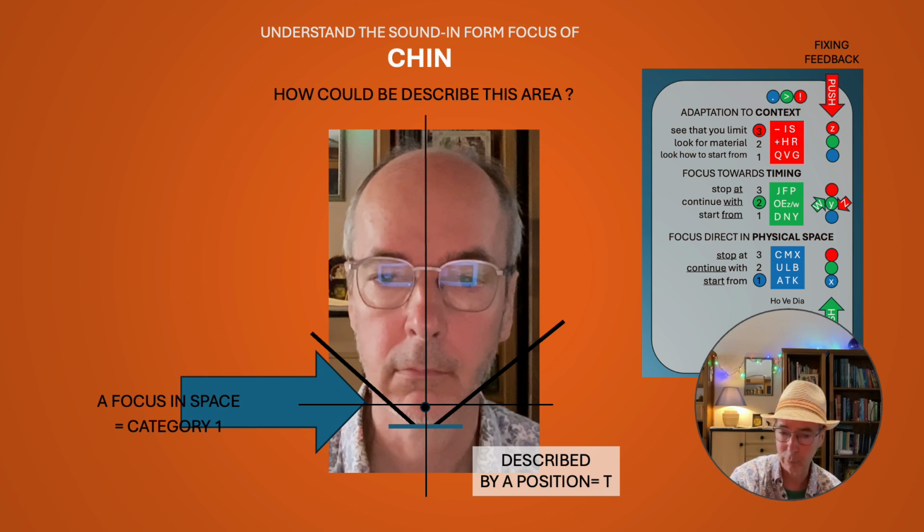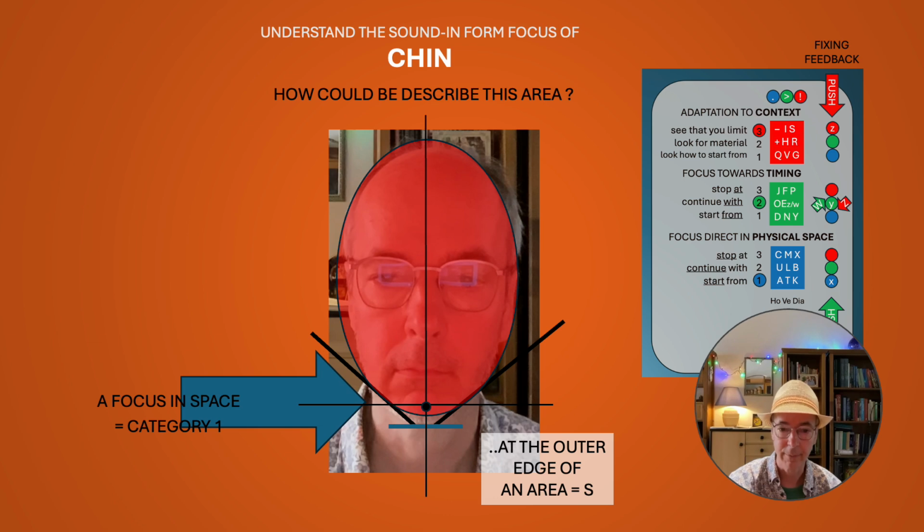Here it is combined with H, and it is described with the first letter in the pronouncement, the T, and T we already know is pointing out a position. So it's not just a border, it's also a position. That's the letter T. And the S, which is more or less heard there as well.